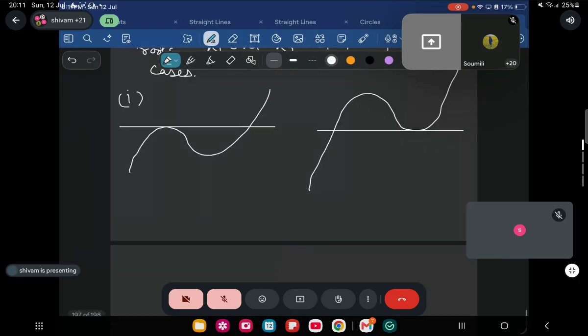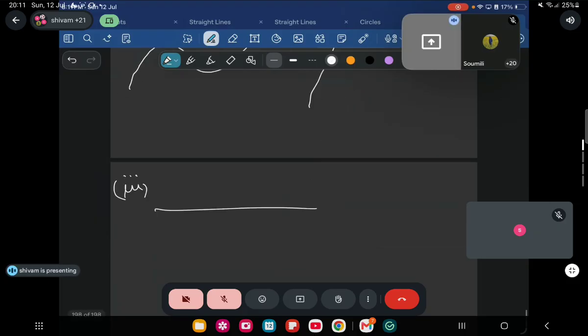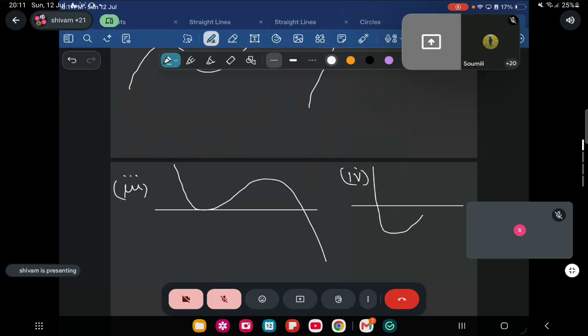Okay. Case 3. Another case can be somewhat like this. And another case can be somewhat like this. Right, tell me everyone, are people getting?